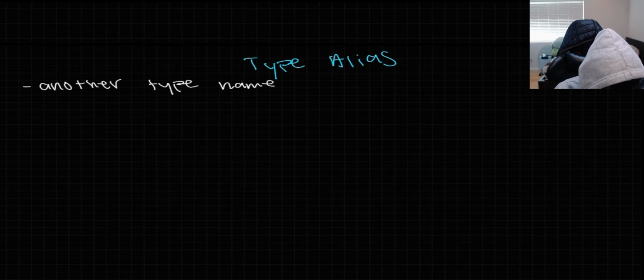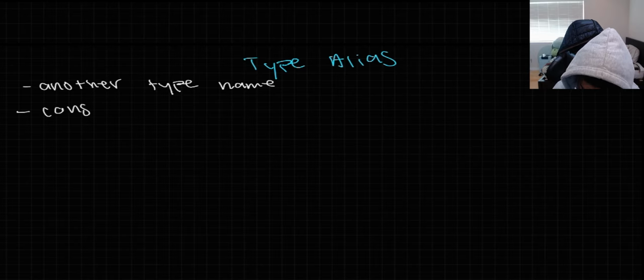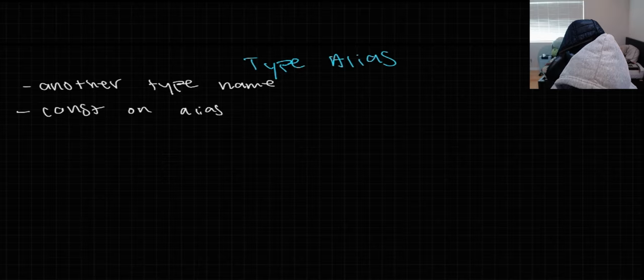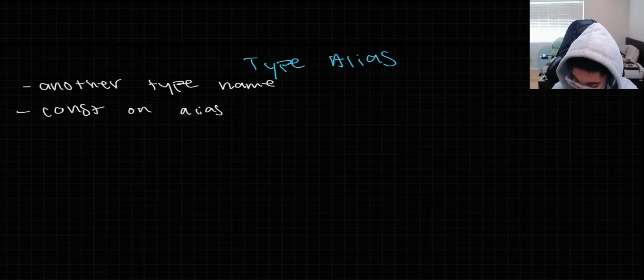Another name for a type. So what that means is that const on the alias would make the alias const. I'm sorry, const on the alias makes the alias const.